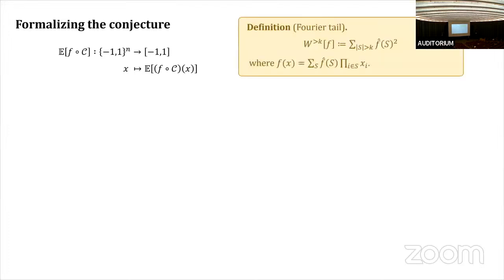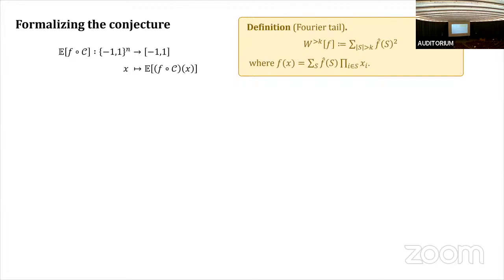So when you think of this expectation of F composed with C as a map from the hypercube to the interval [-1, 1], now you can express it using Fourier analysis and talk about its Fourier tail. I'm going to talk about the Fourier tail for like one slide.